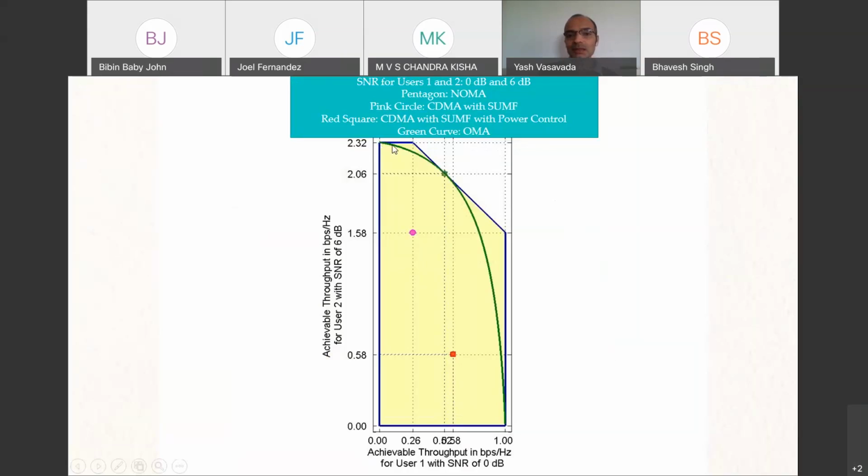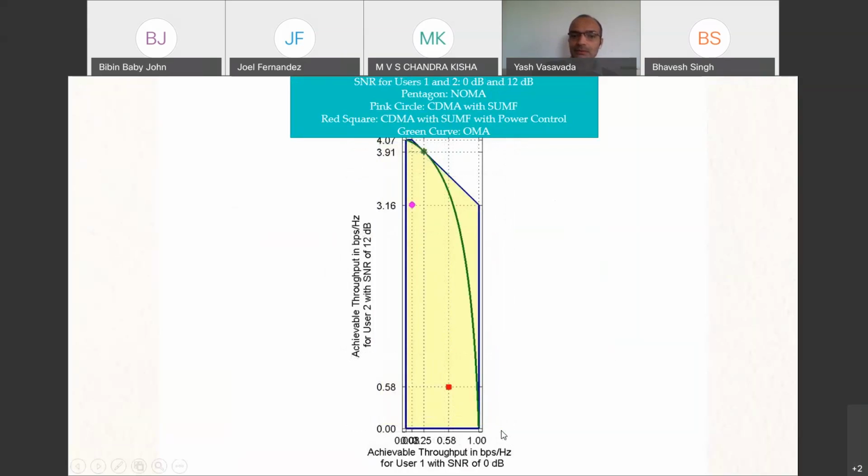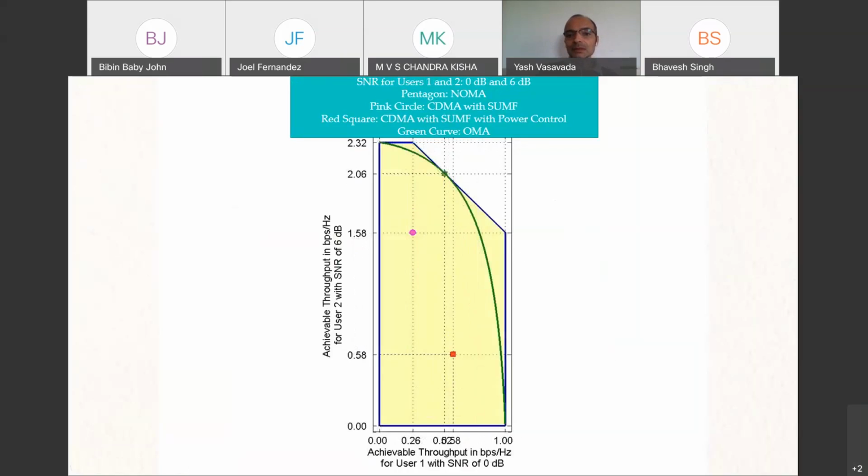So now the pentagon looks like this. And the OMA curve looks like this. How did I get 1.58, 0.58? All this you can calculate yourself very easily by just plugging in the formulas.